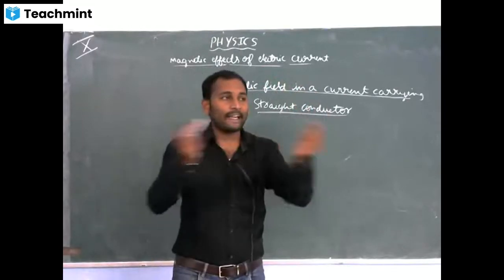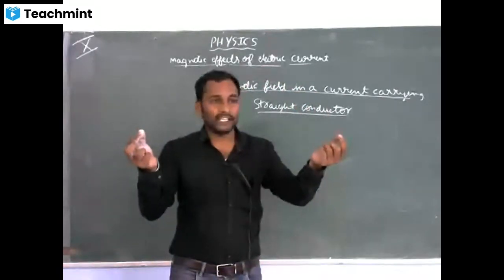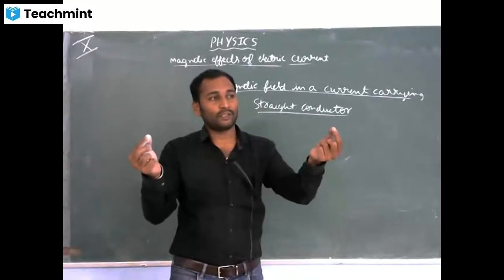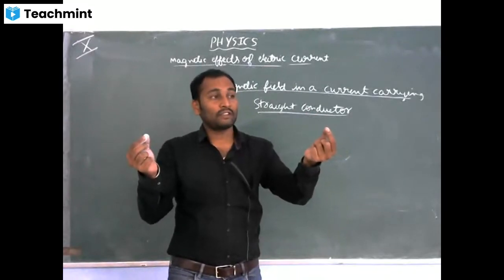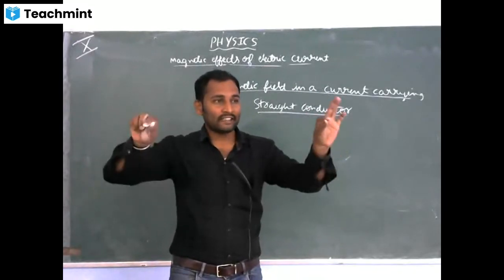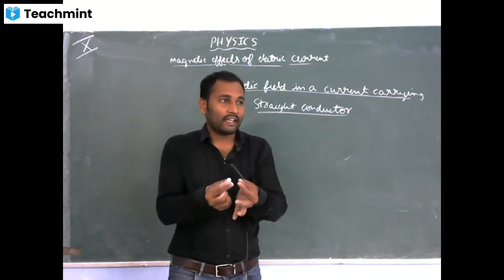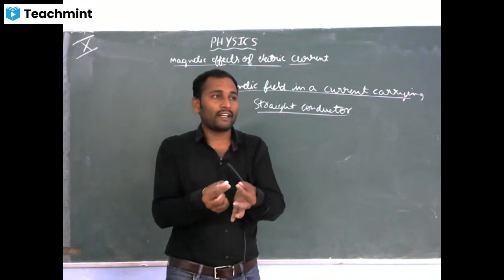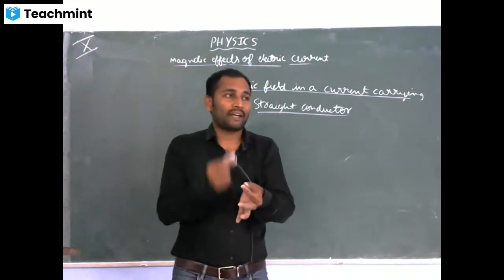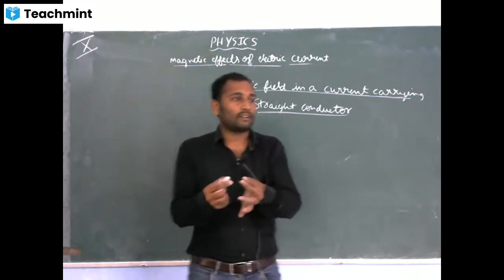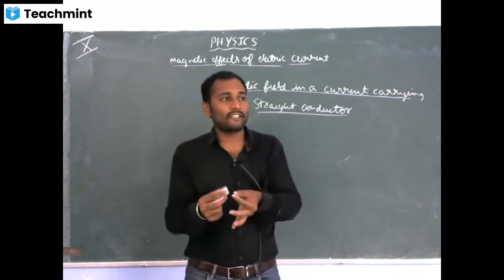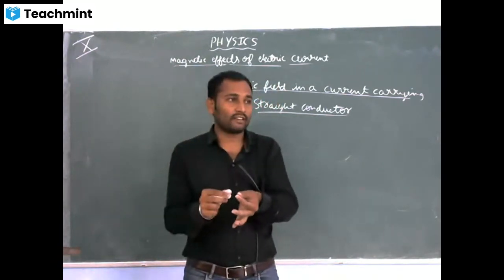If the conductor is straight, how the magnetic field is produced, how the magnetic field lines will be, and how the strength varies. If the conductor is bent in the form of a circular loop, again we will study the same thing, how magnetic field will be, how the magnetic field lines will change, and can we increase or decrease magnetic field strength.